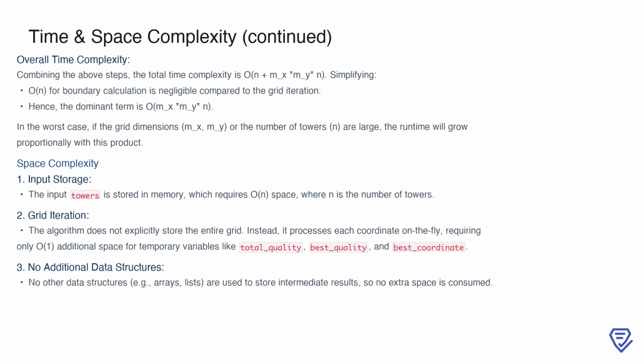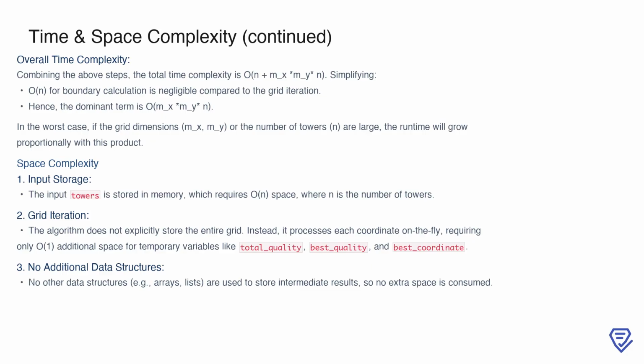However, the n term from the boundary calculation is negligible compared to the dominant term, which is m_x * m_y * n. This tells us that the runtime primarily depends on the product of the grid dimensions and the number of towers. In scenarios where either the grid dimensions or the number of towers are large, the runtime will scale accordingly.